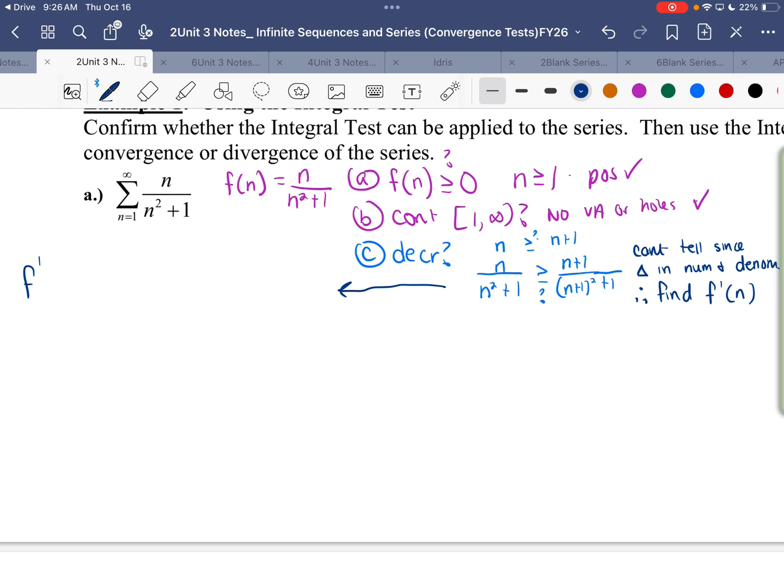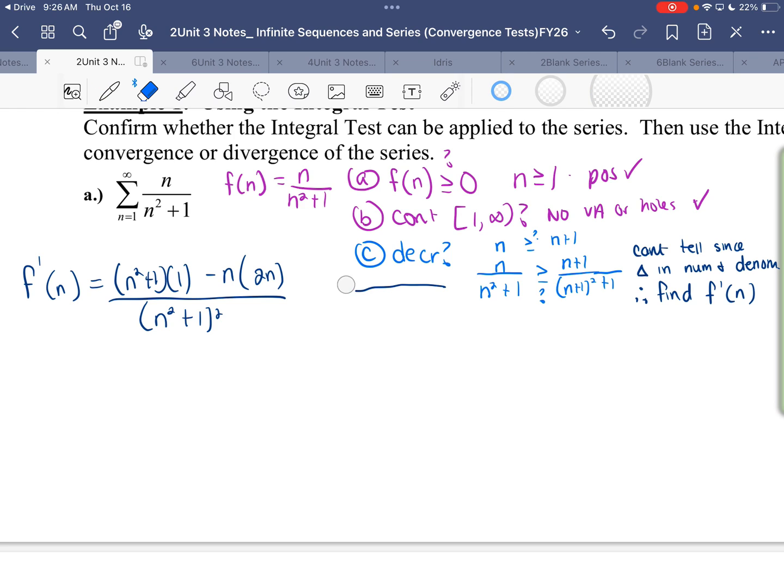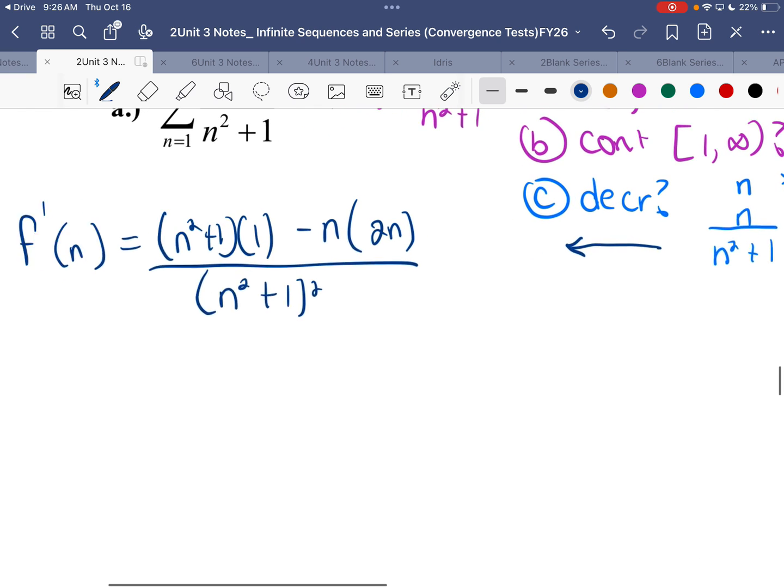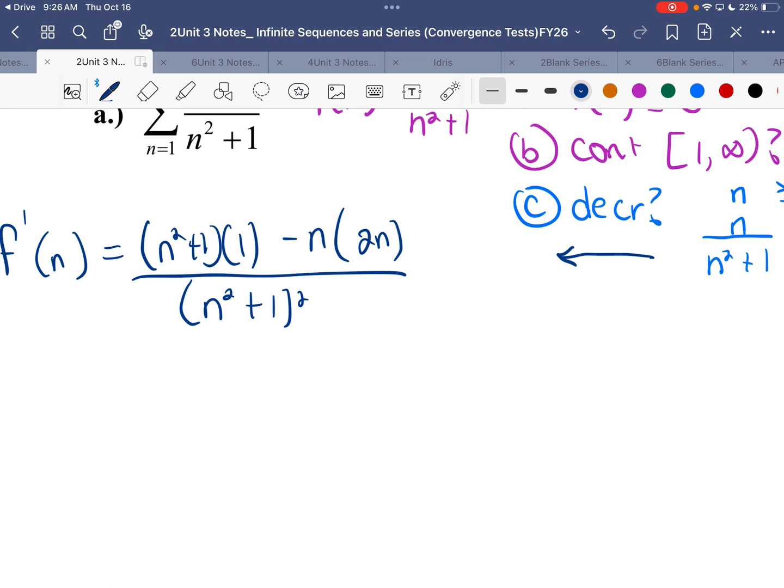Okay, first derivative, low d high minus high d low over low low. And then what do you have to check for these first derivatives? What are you comparing it with? To see if something's decreasing, where does the first derivative have to be?